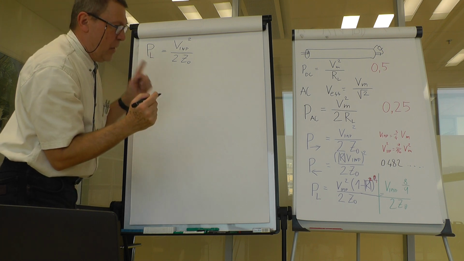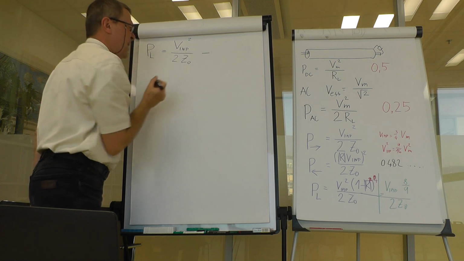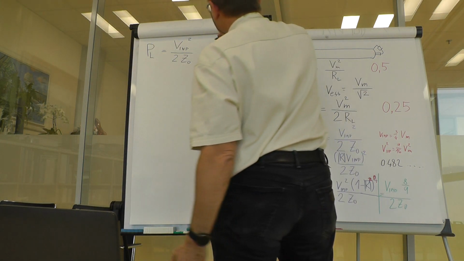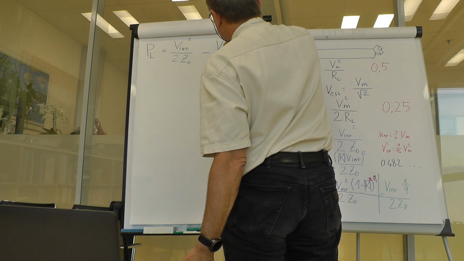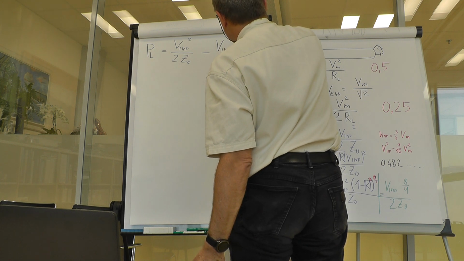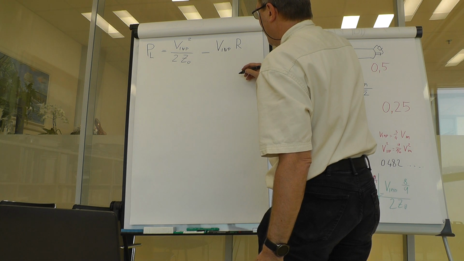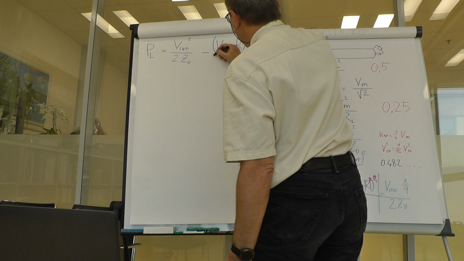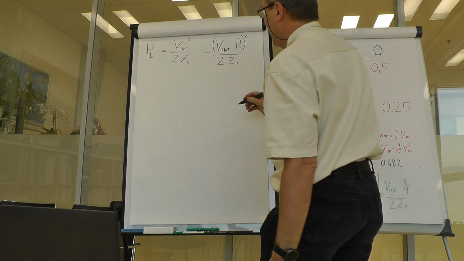And we have to subtract the wave returning back. So minus, the reflected wave has the voltage of the incoming wave times the reflection coefficient. We have to square this and divide by 2 Z0 again.